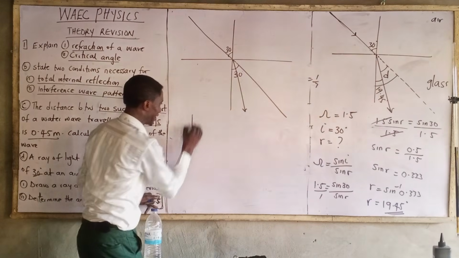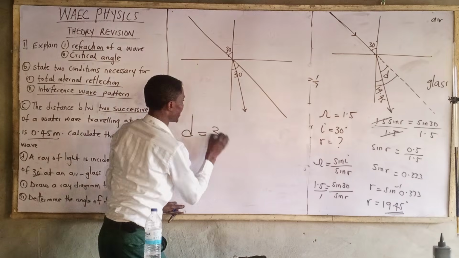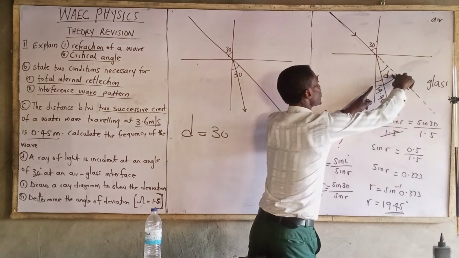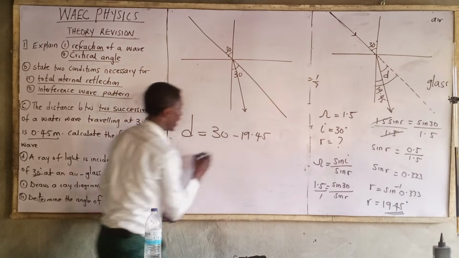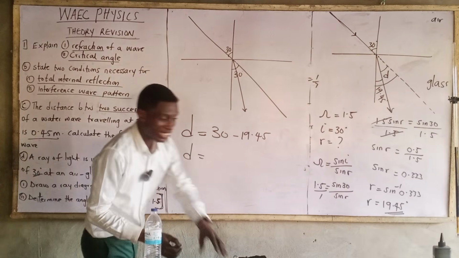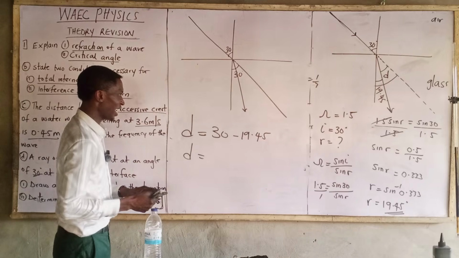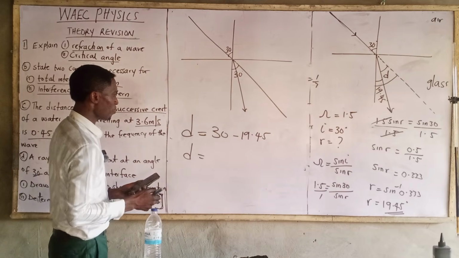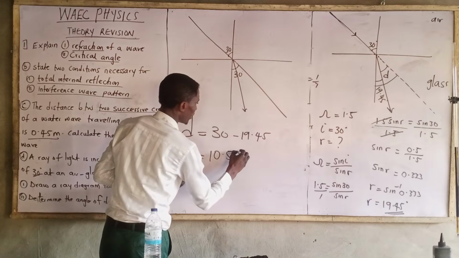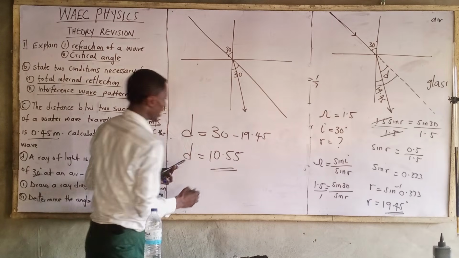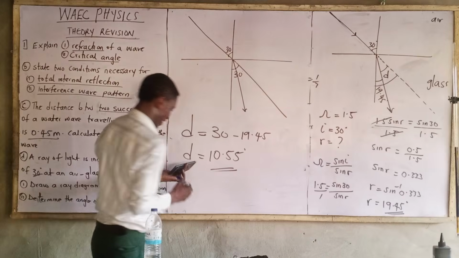Therefore D becomes 30, the whole angle together, minus 19.45, which gives the angle at which it deviates: 10.55 degrees.